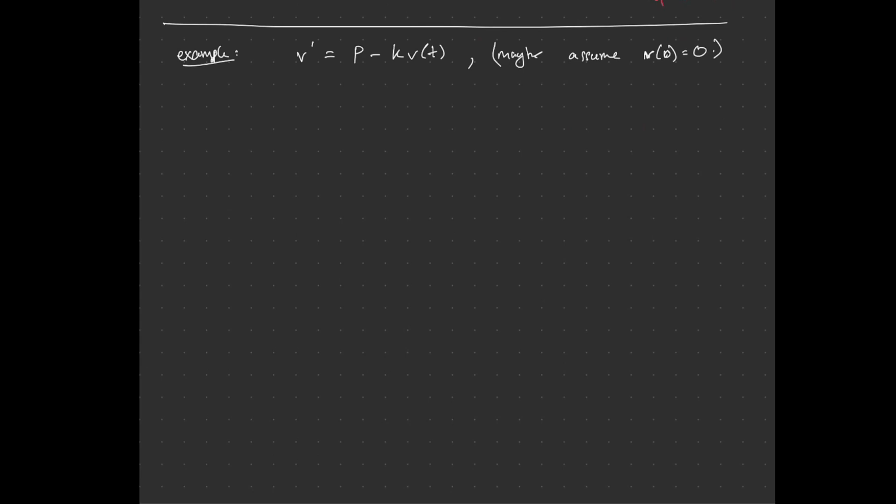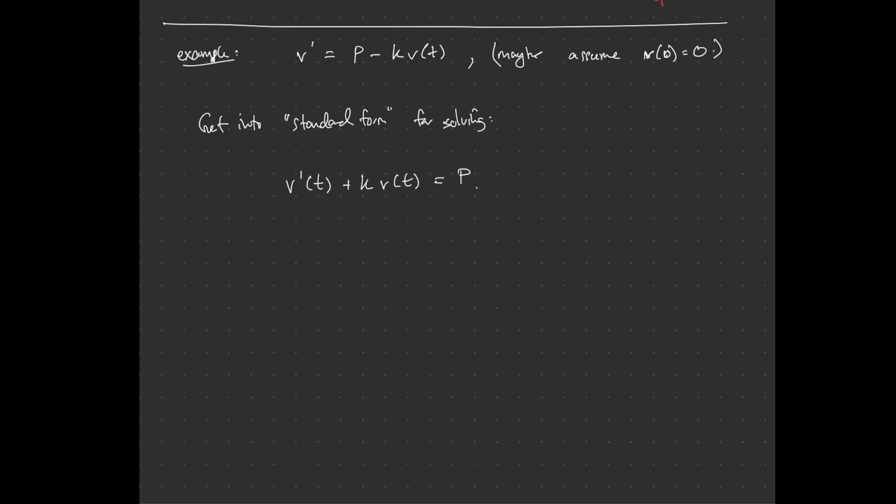So the first thing we do is get into a standard form for solving. And that's to bring this kv term over to the left. So we'll have v prime plus kv of t equals P. All right, this is more what we consider to be a standard form.